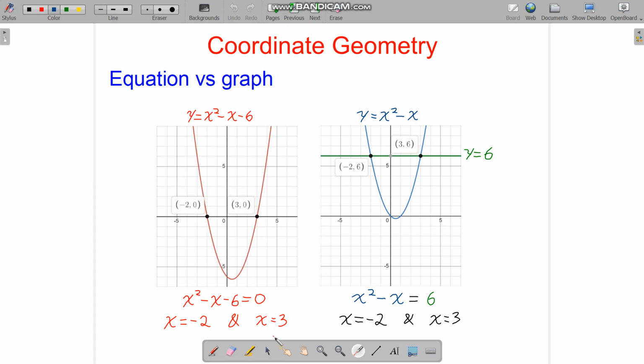Now if we have a slightly different quadratic, this time we have y equals x squared minus x. If you remember transformations, we move the same graph 6 units upwards.